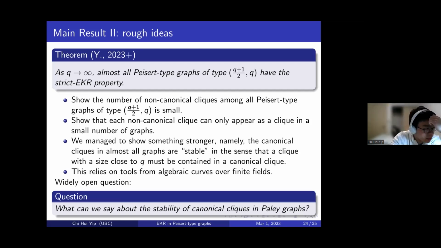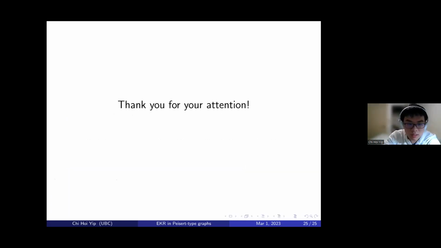If we want to understand those cliques with size Q minus 2, we have to use some non-trivial tools. I hope we can use some tool from algebraic geometry or maybe algebraic graph theory to make progress. That concludes my talk, and thank you very much for your attention.